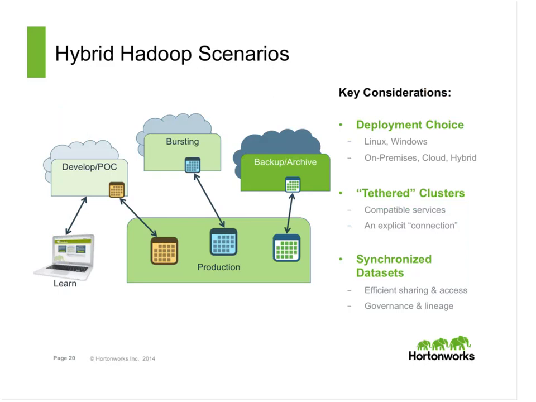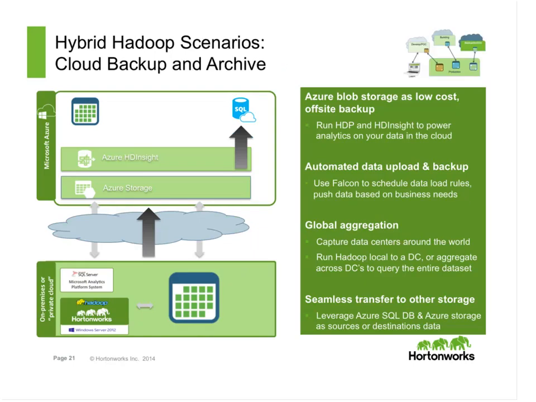And then we've got backup and archive, what John called, I think he said, was it second class? I don't remember. All data is great data, right? And synchronizing these data sets are something that you're going to want to take a look at as you're thinking about how do we leverage these different scenarios. So let me go a little deeper on each of these.